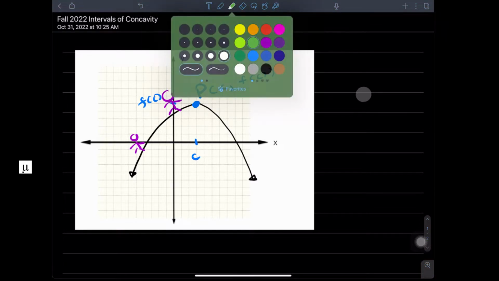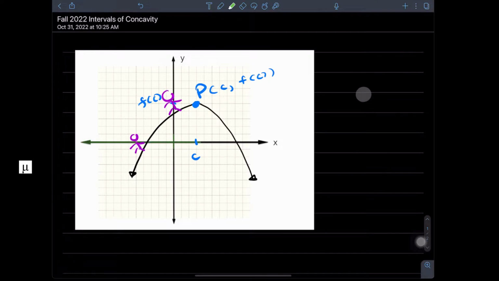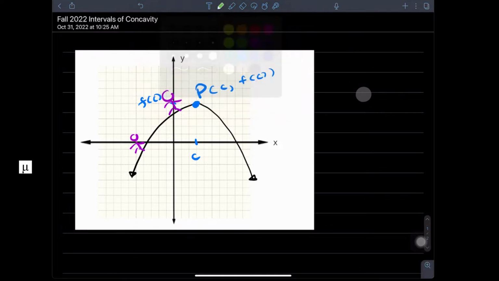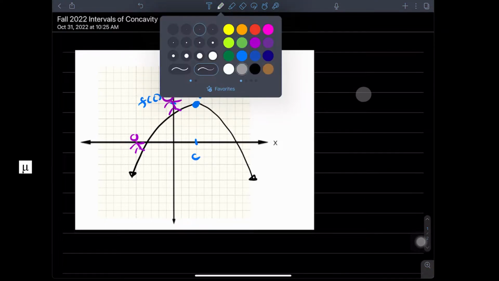Let's see if it does a different color. Oh, because of the black background, it's not working as well. So, okay. So let me do this then. If highlighters aren't working.